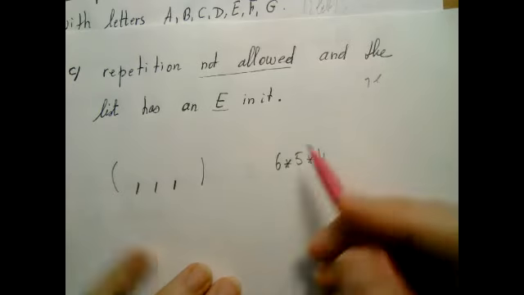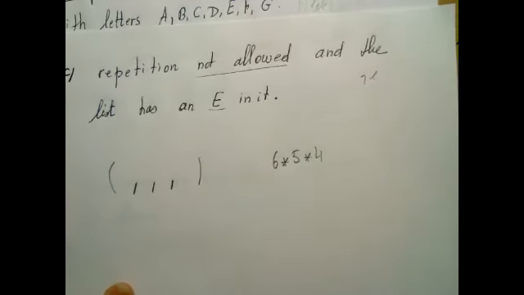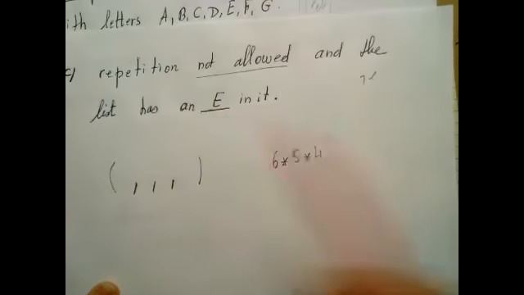Anybody comment? So what your classmate is telling me, 6 by 5 by 4, because we know already one of them. So anybody would like to comment? What is your E?